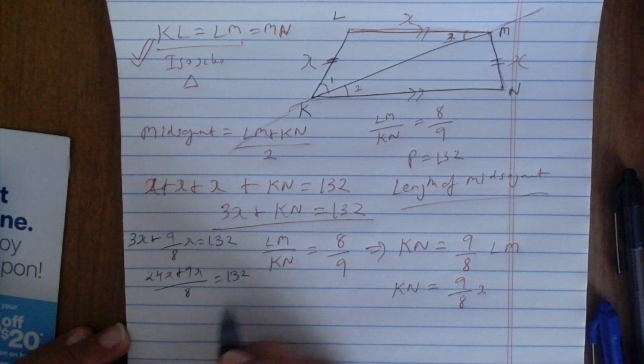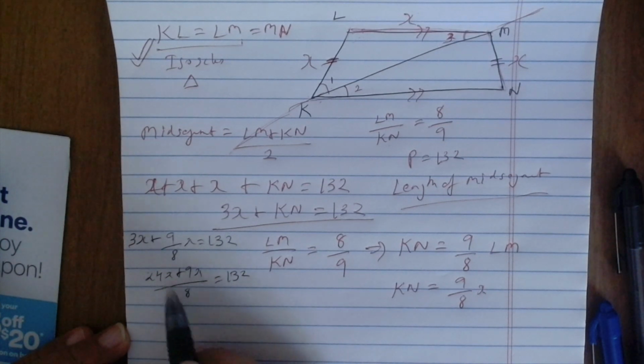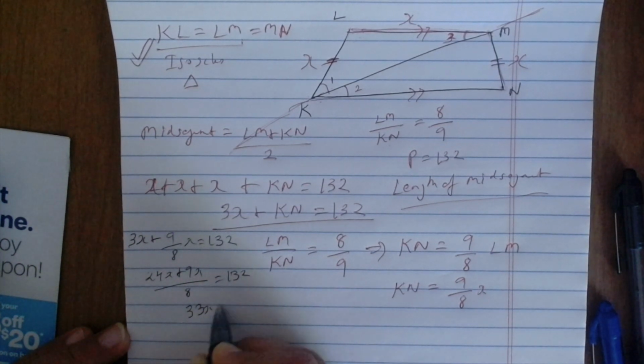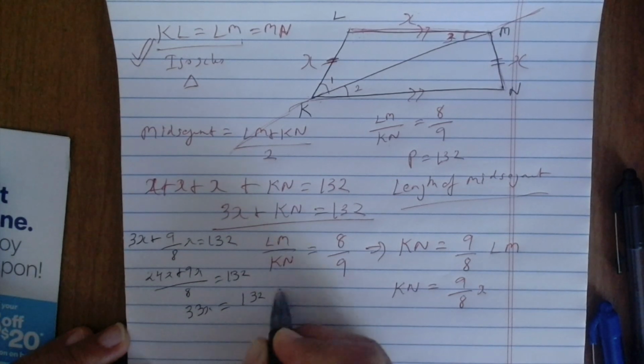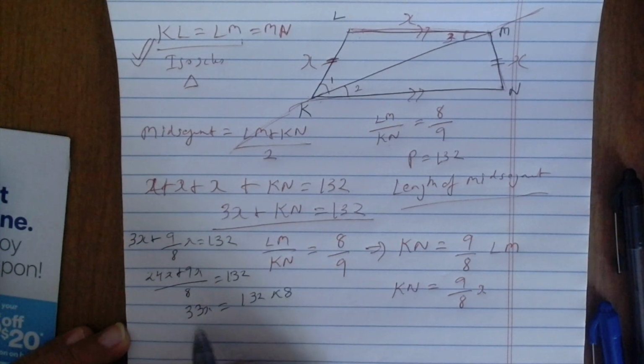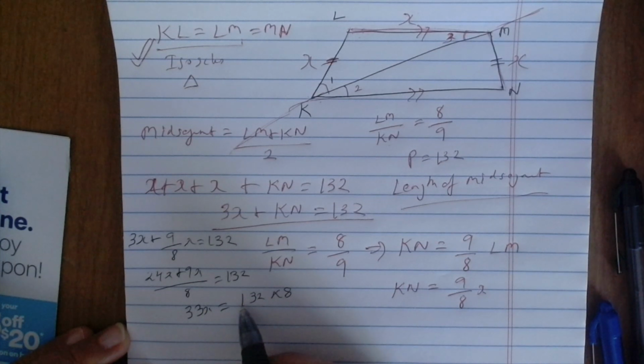When you solve this, it becomes 33x equal to 132 into 8. Now I'll cancel it with 11. 11 3s are 33, and 11 12s are 132. So it would be 12, and again I cancel, 3 4s are 12. So x will come as 32.